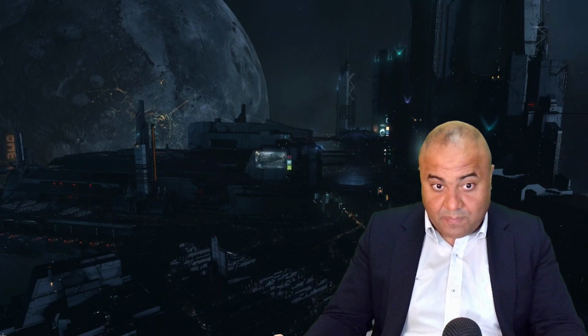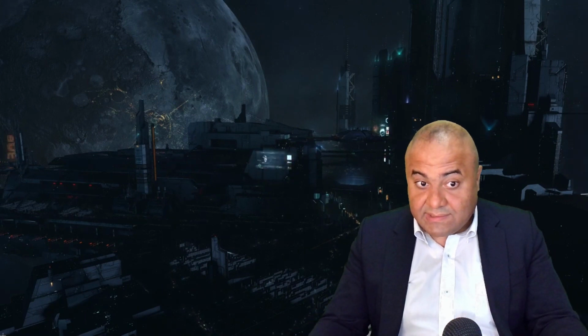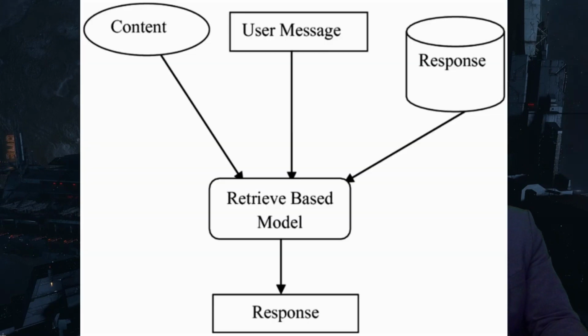A retrieval-based chatbot is a little bit higher level than the rule-based chatbot, as it offers responses retrieved from a dataset of predefined answers. However, when the chatbot selects these answers, it will select them based on ranking functions.